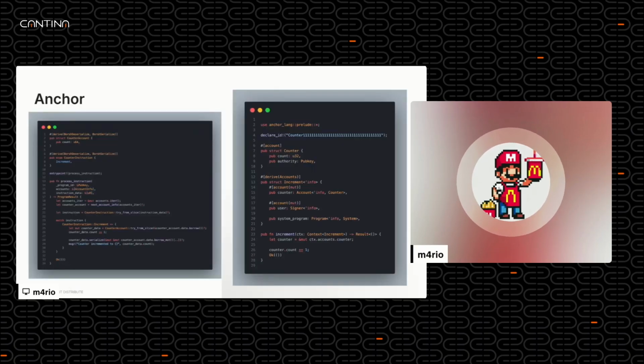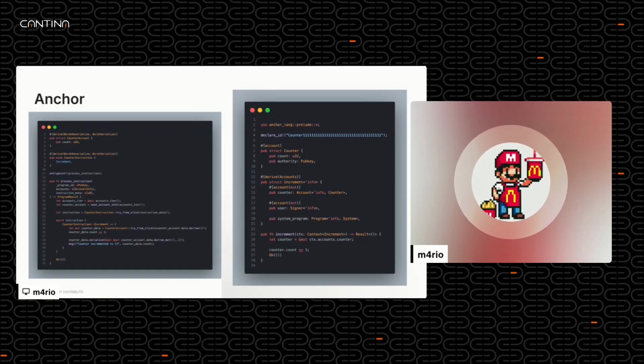Here is an example: on the left, we have raw Solana, and on the right, we have Anchor. Probably you can also see that Anchor on the right is way more declarative, because it's a declarative framework. It helps you understand what you are doing, it's way easier, and it has a lot less code than writing raw Solana.